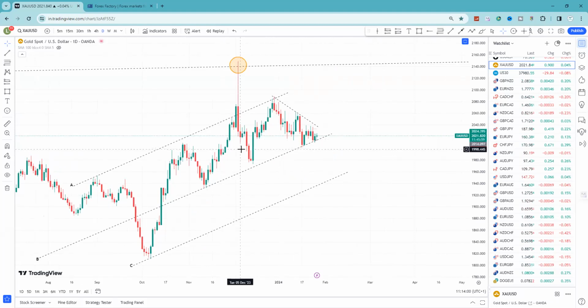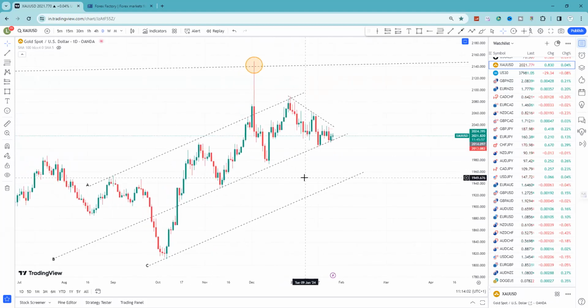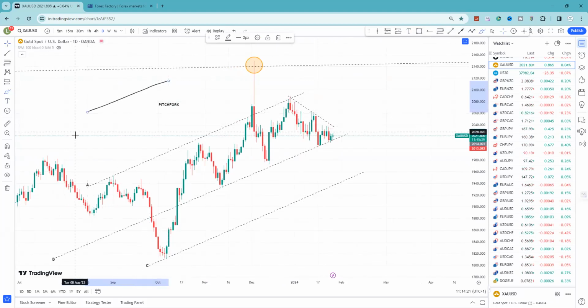So this is what I could find on the daily time frame, more like a pitchfork setup. You know that indicator called pitchfork, right? It goes something like this, then like this, trying to measure equidistance.